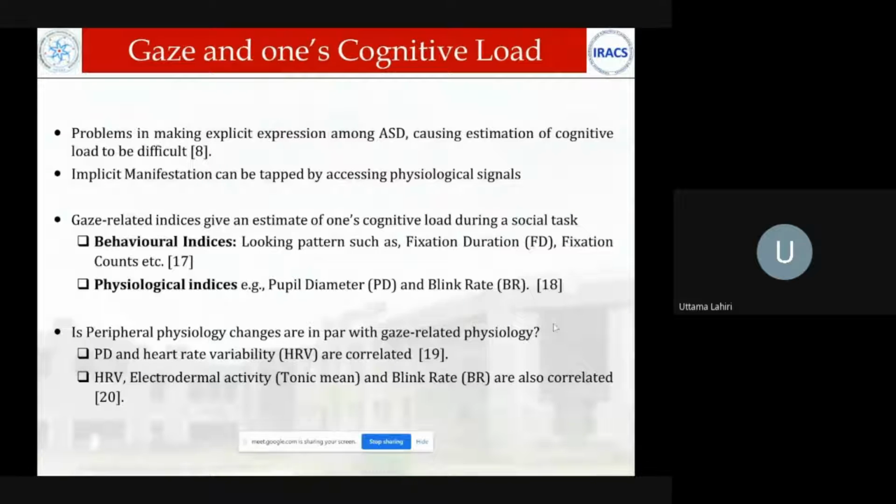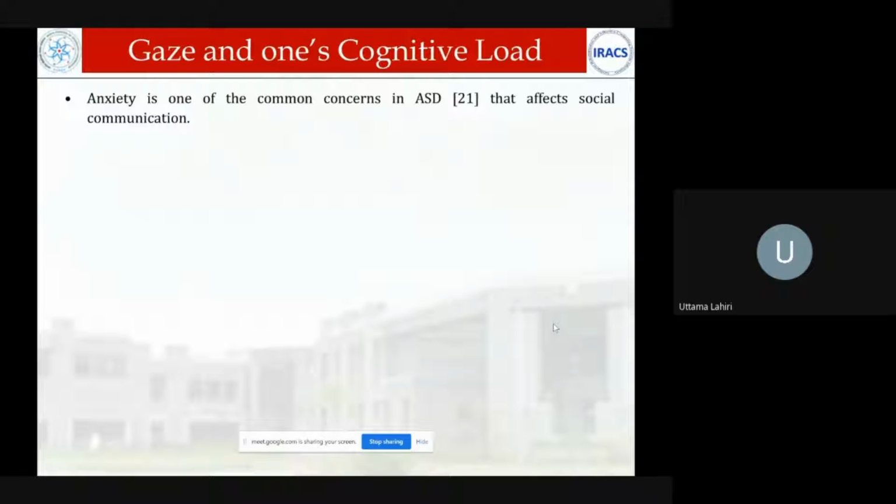And the other is the phasic mean, that is where there are sudden events, like an evoked potential, where I'm getting an output. So in fact, research shows the tonic mean component of the electrodermal activity, heart rate variability, and how often I blink, that is the blink rate, are all correlated. Here we chose the eye tracking, which I'm presenting today.